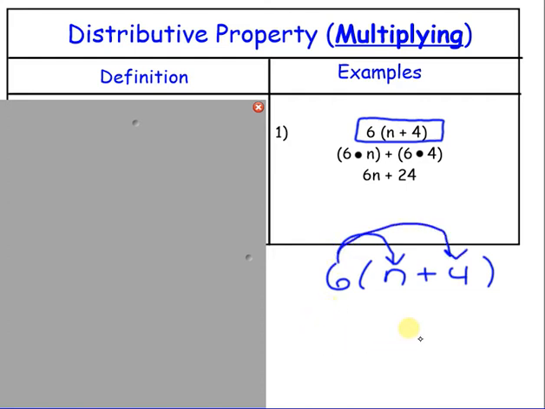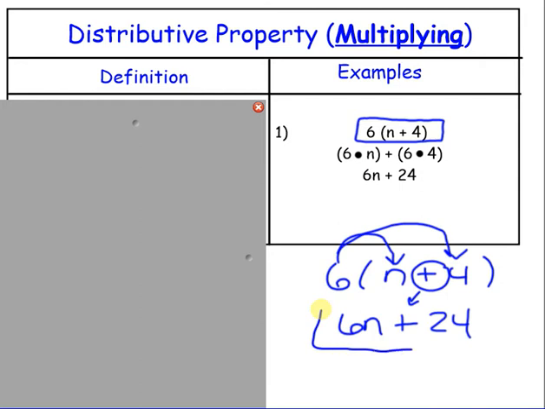And what happens is I have 6 times n, which is 6n, and we're going to talk more about that on Thursday. Then I bring down my sign that was originally in the middle. Okay, so I bring it down, and then I have 6 times 4, and that's 24.